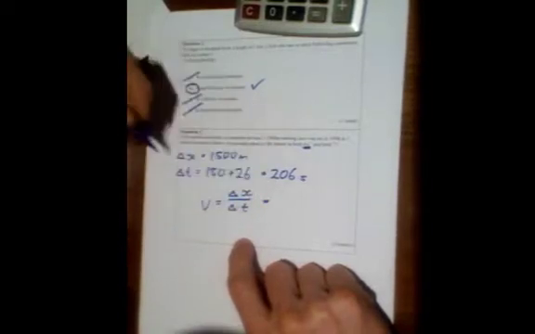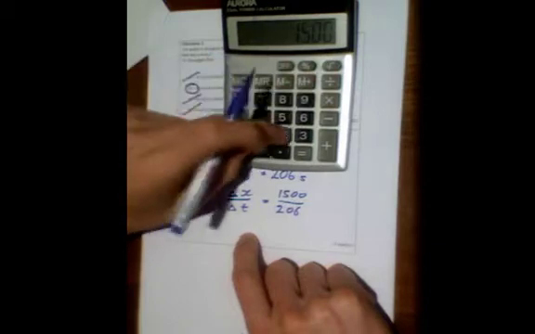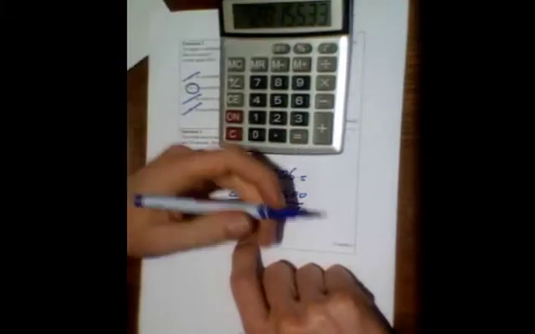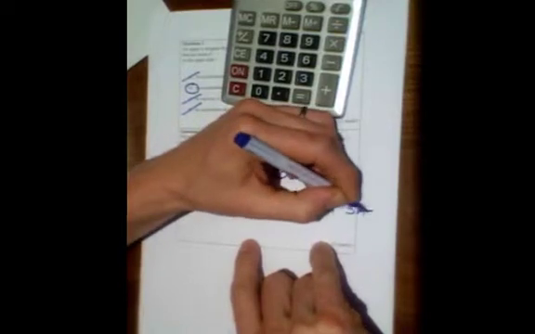And we know the velocity is change of distance over change in time. So that's 1500 divided by 206. 1500 divided by 206 equals 7.28. Let's call that 7.3 meters per second.